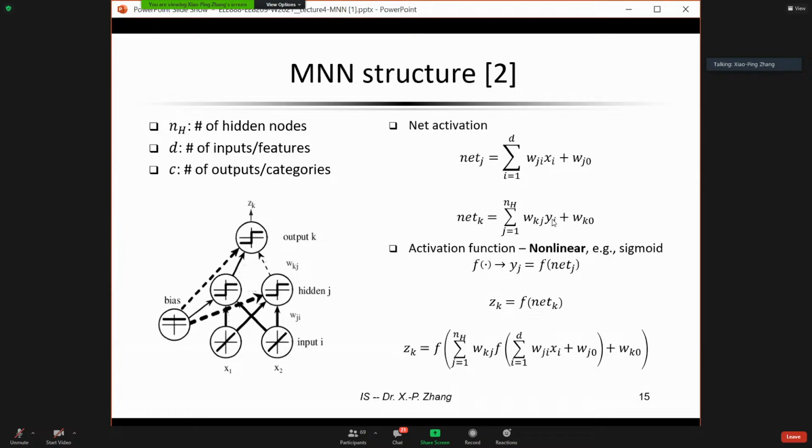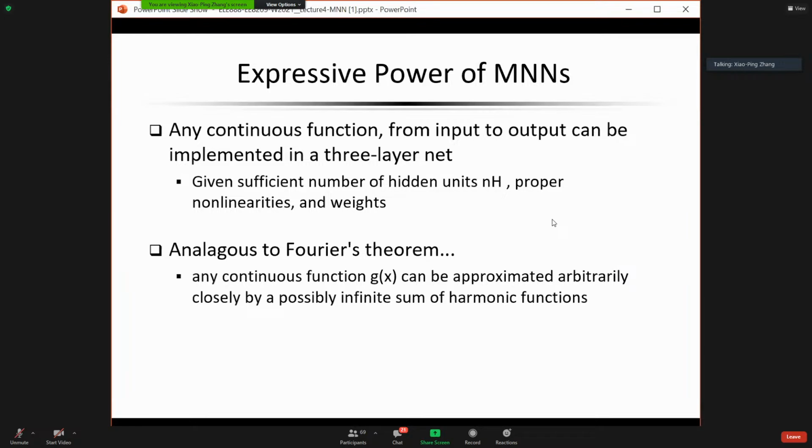Okay, this is not a surprising description, right? Think about the Fourier transform. The Fourier transform says that any continuous function can be approximated by a linear combination of harmonic functions, right? The harmonic, let's just say a sine function or cosine function, or e^{jx}, right? That's the essence of the Fourier transform.